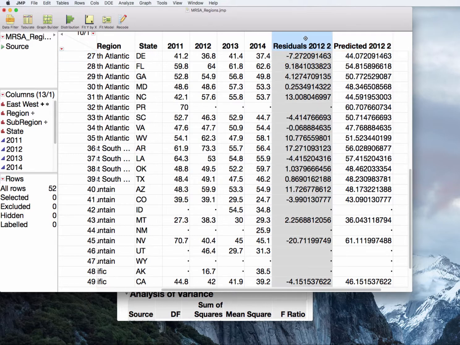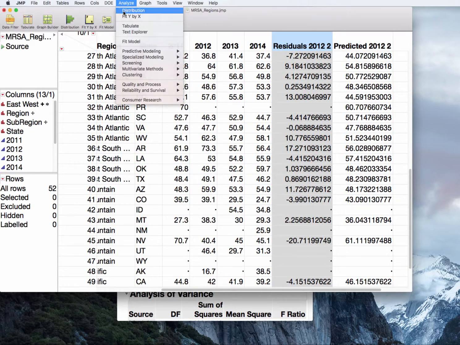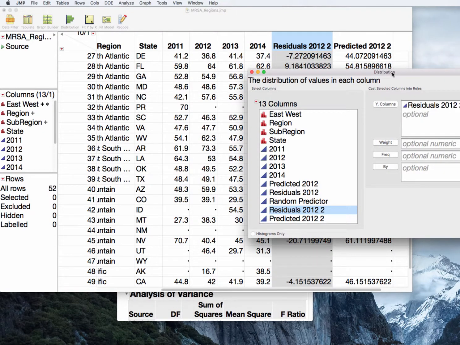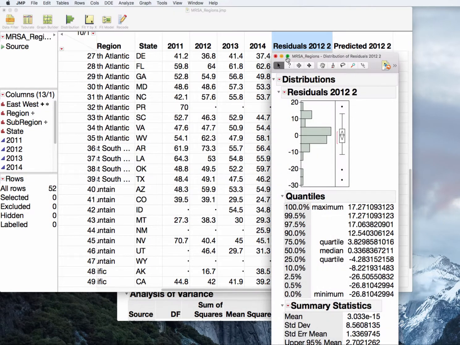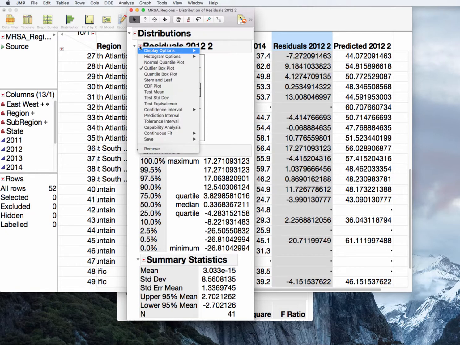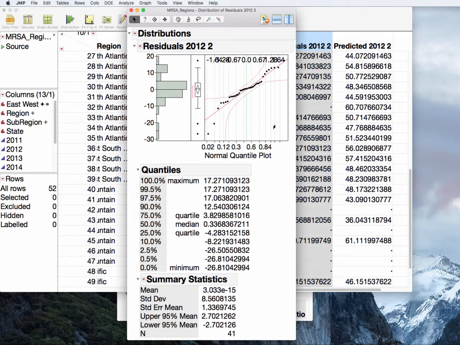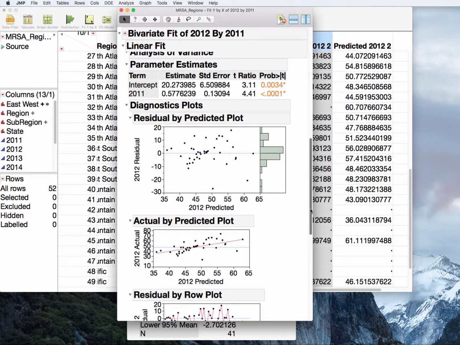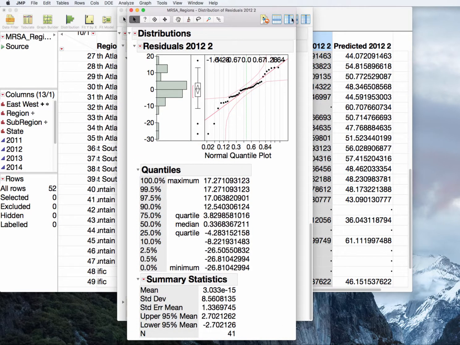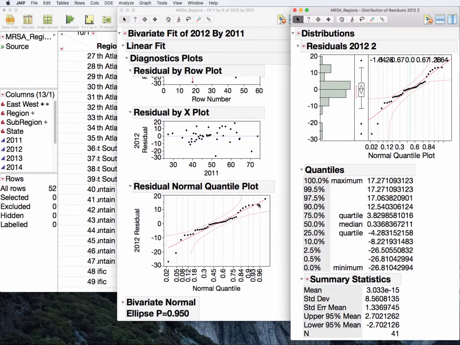I can actually do a plot of my residuals, just like I do any continuous variable, and I could ask for the normal quantile plot here, and it will give me the same normal quantile plot as we had in the output here for the model. So you can see that these plots are actually identical.